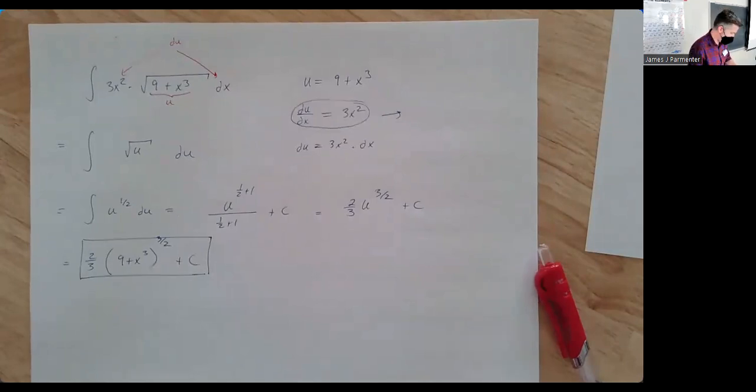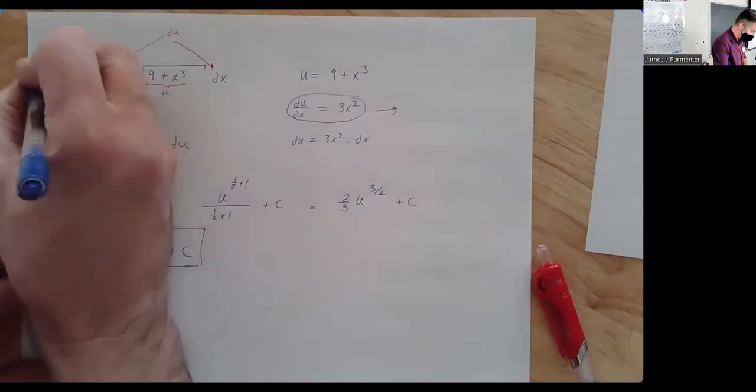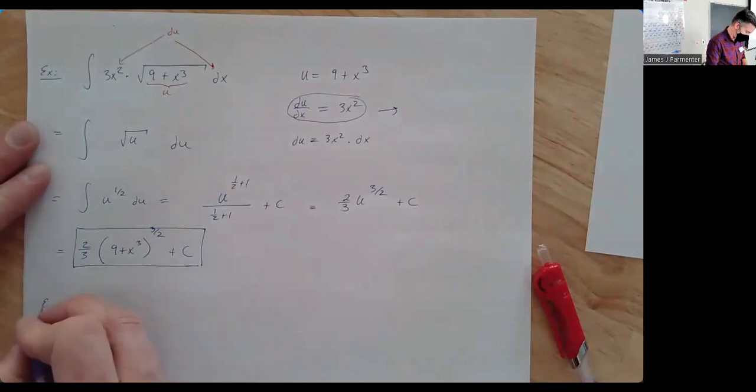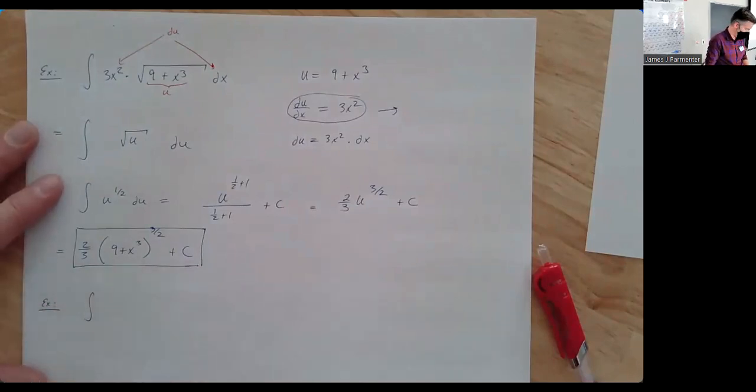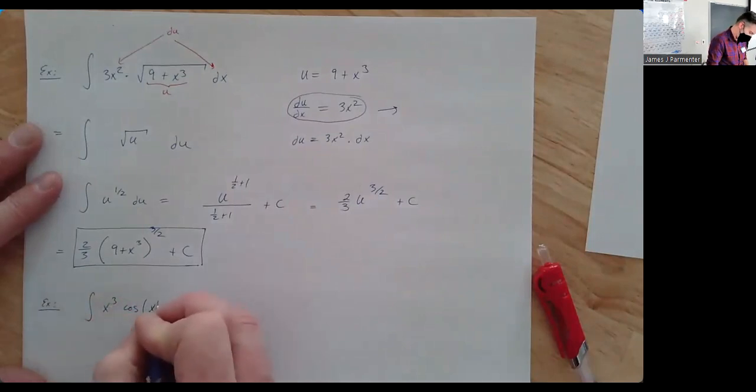Not bad. Now, it's not bad, but it does get worse, because sometimes it's not going to be quite so easy. For example, someone might give you something like the integral of x to the 3rd times cosine of x to the 4th plus 2.